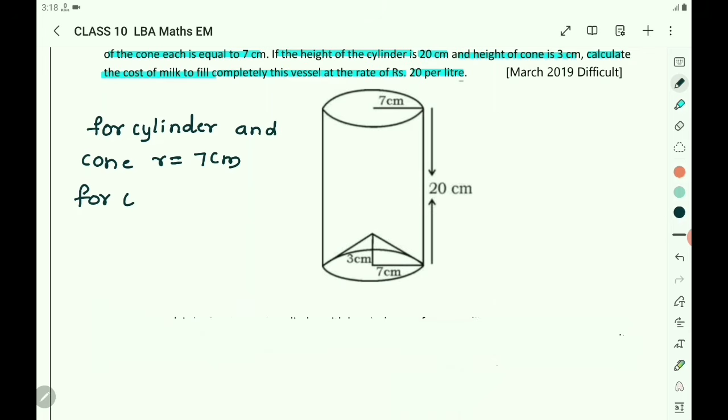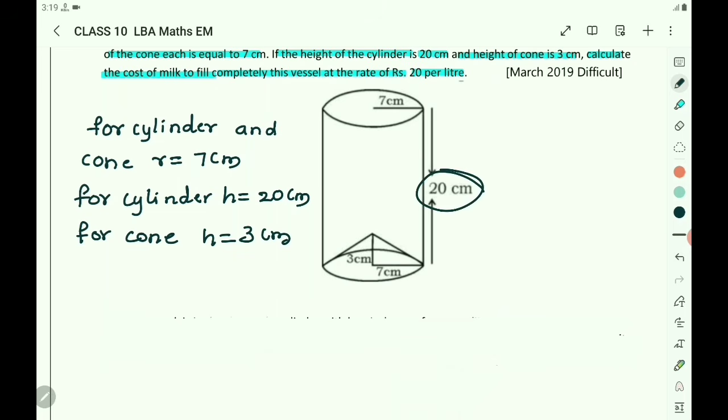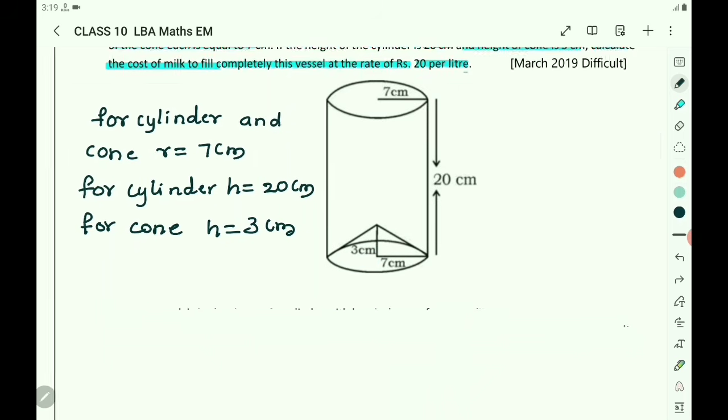For cylinder, H equals 20 centimeter, and for cone, H equals 3 centimeter.